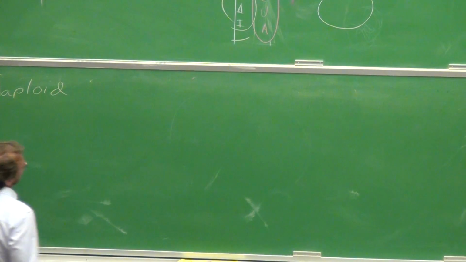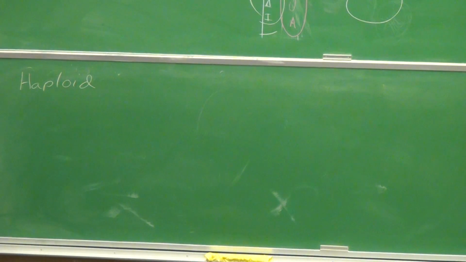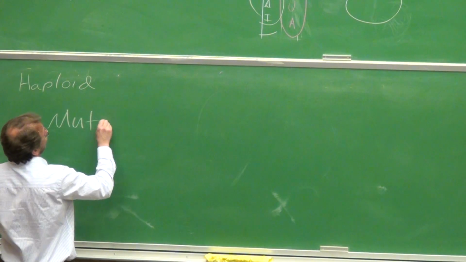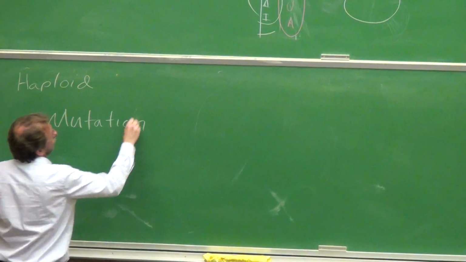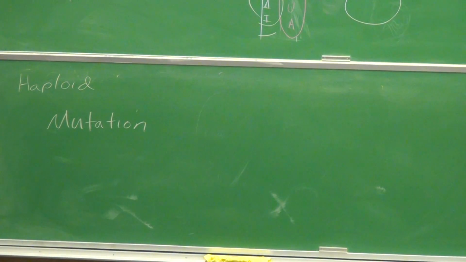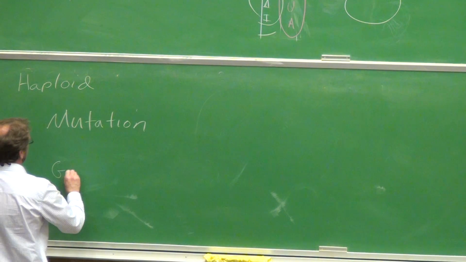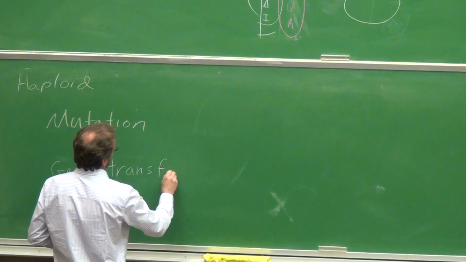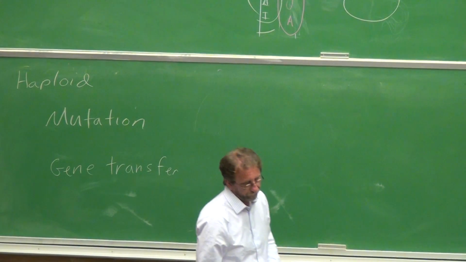So how can changes in the genome take place? Two ways. Mutations and gene transfer.